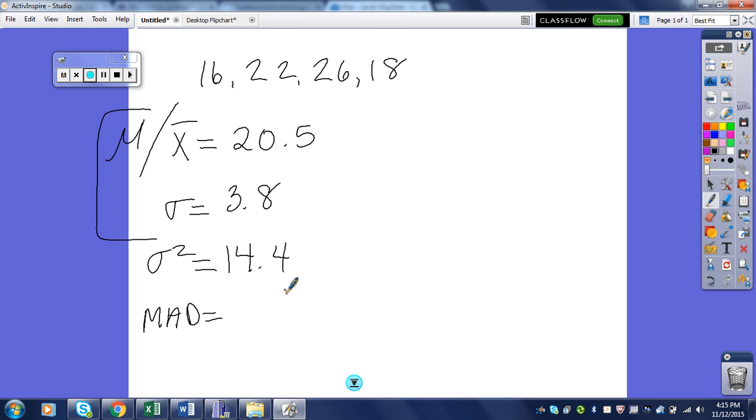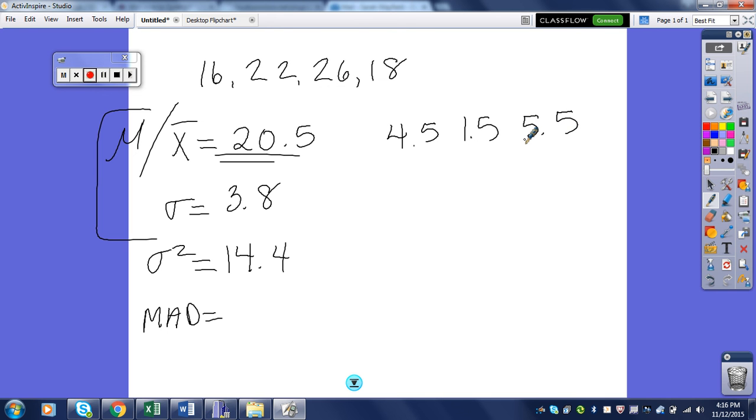Why do I like MAD the least? Because it makes me mad. I have to do it by hand. So, okay, how do we find the MAD? We find the mean first, which we did right here. We now take the distance. How far is 16 from 20.5? Well, 4.5. How about 20.5 and 22? 1.5. How about 20.5 and 26? 5.5.